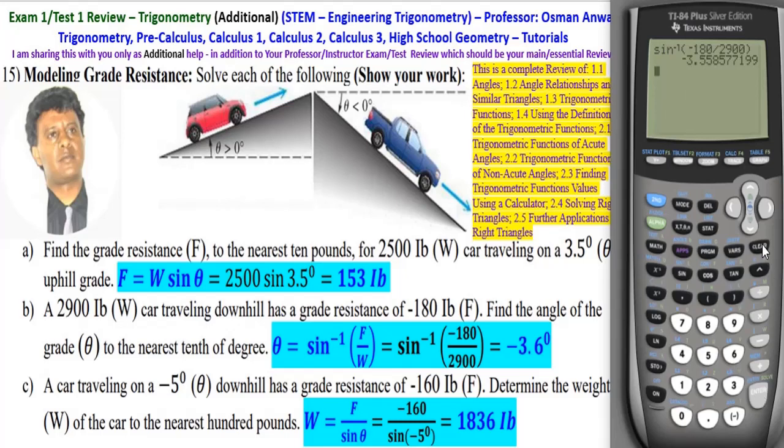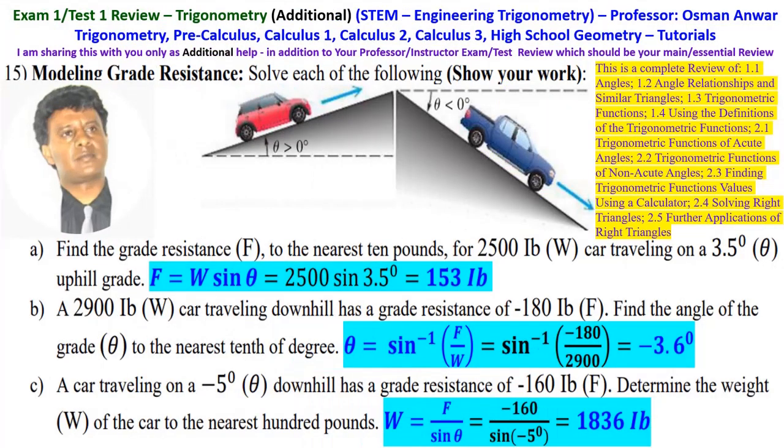For C, W equals F, which is minus 160, divided by sine of minus 5 degree. Here, enter. So that's 1836 pound.